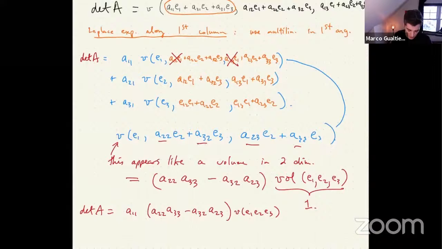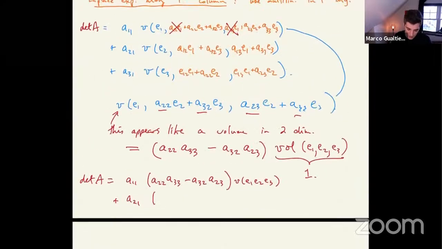That's the first term. The second term is A21 times, if you look at the expression here, it's exactly the same as this, except that the ordering is different. Instead of E1, E2, and E3, it's E2, E1, E3.